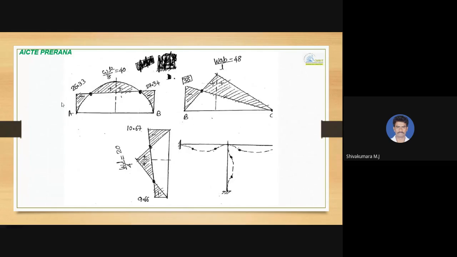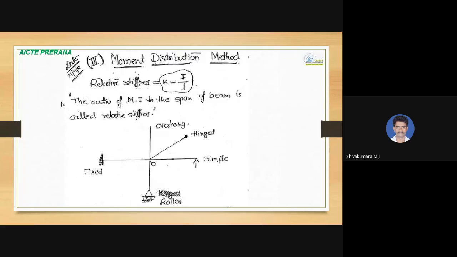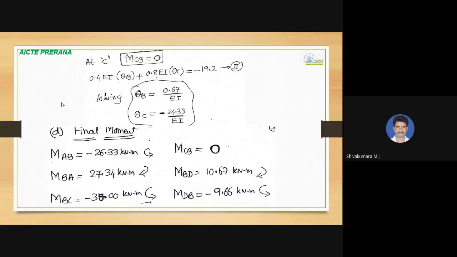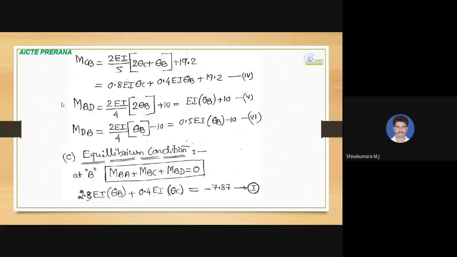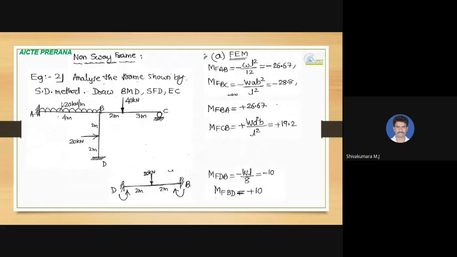This is the bending moment diagram, and the elastic curve is also shown over here. So that is another example problem for the slope deflection method, a non-sway frame.